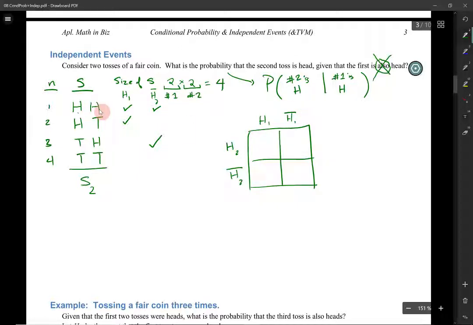So in our sample space of 4, the first one is ahead twice, and the second one is ahead twice also, like there, case 1 and case 3.